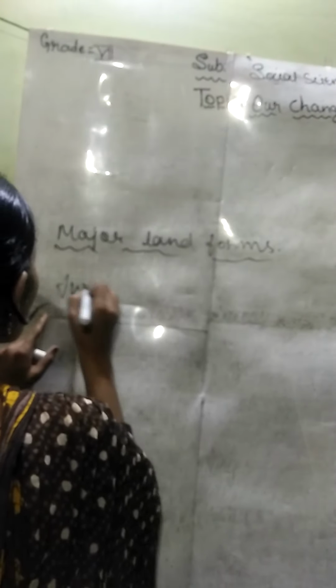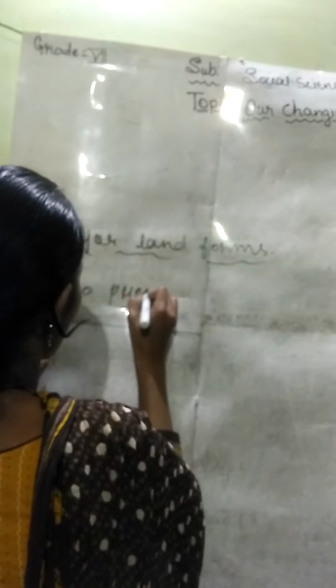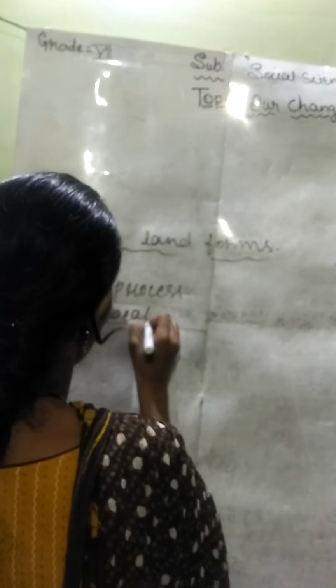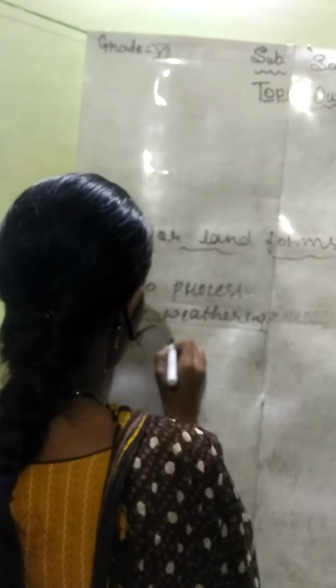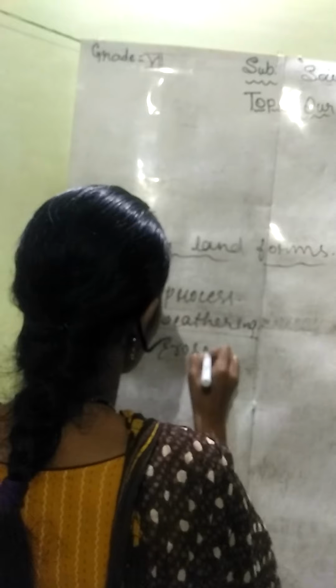The first process is weathering and the second is erosion.